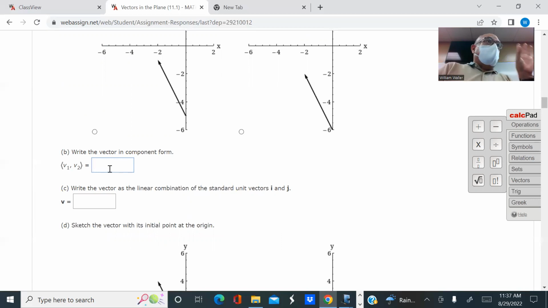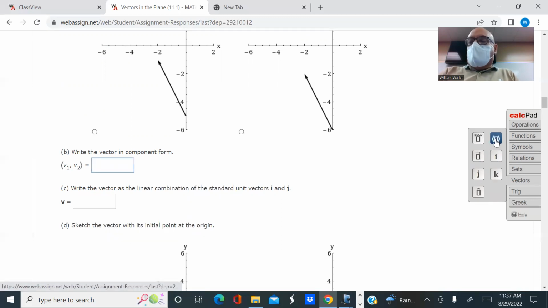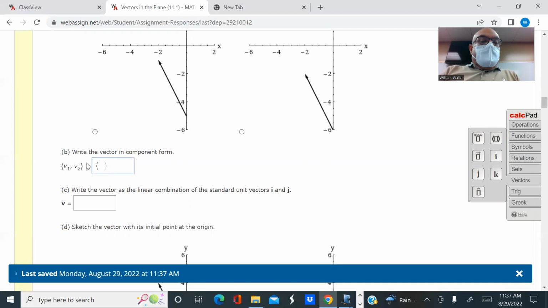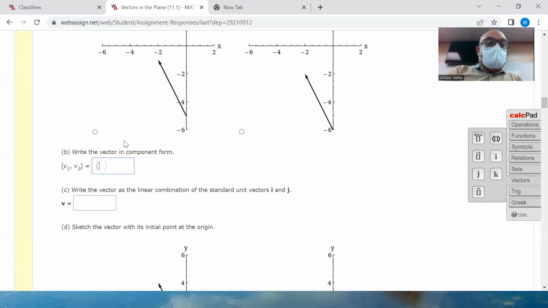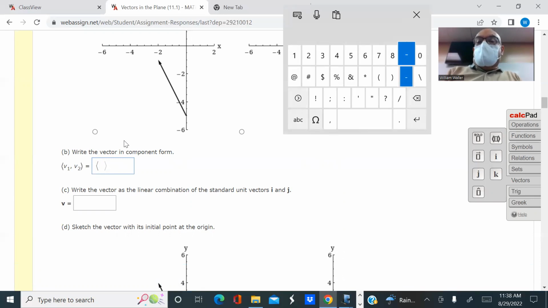That can be really irritating too, because you'll be typing in what you know are correct numbers, and you'll be wondering how am I not formatting this right? So watch out for that. Let's just put in the pointy brackets there and type in the numbers, which I already forgot. What were they? -2 and 4.